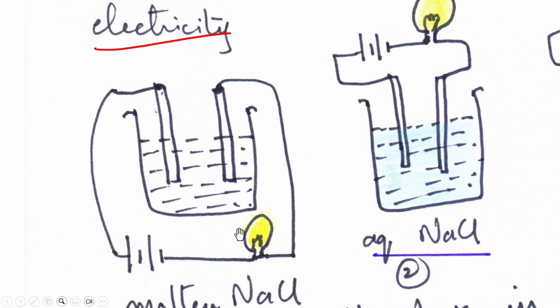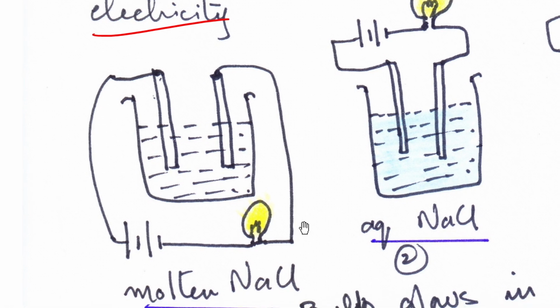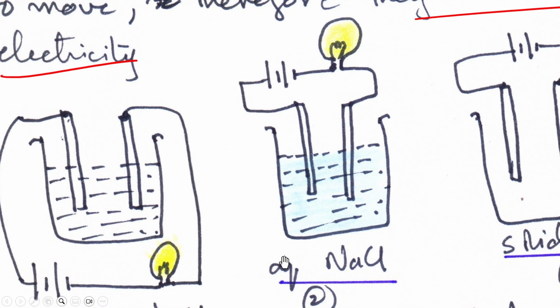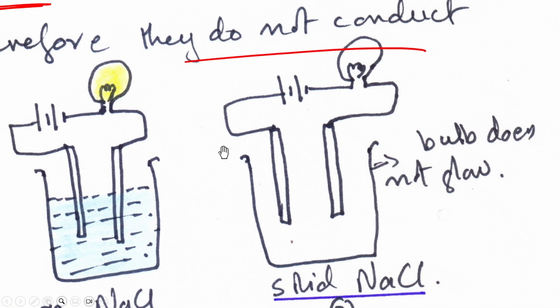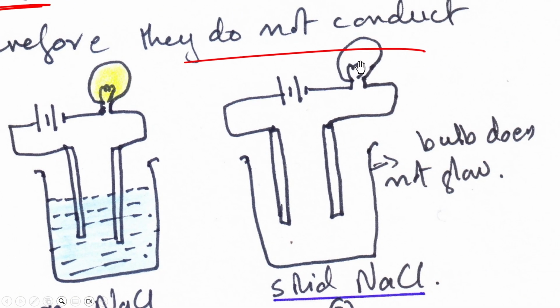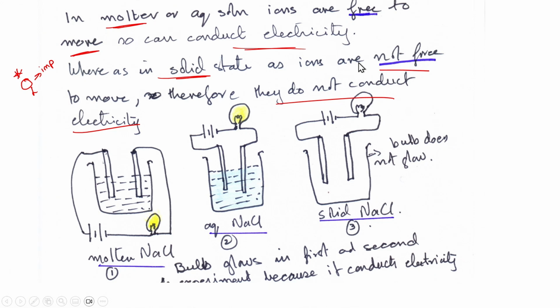When the circuit is complete, if the solution is conducting electricity, the current will pass through the bulb. In molten sodium chloride, the bulb is lighting. In aqueous sodium chloride, it is again glowing, whereas in solid sodium chloride, it is not glowing. This means that in solid sodium chloride, electricity is not conducted.